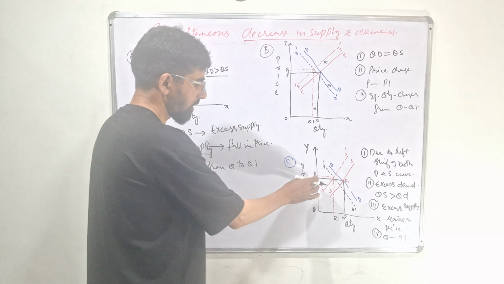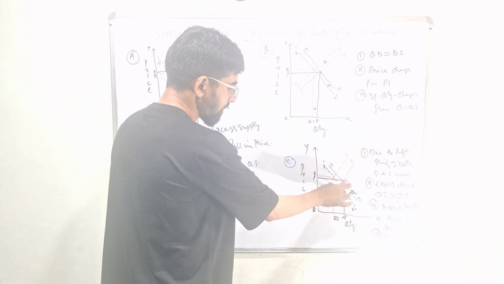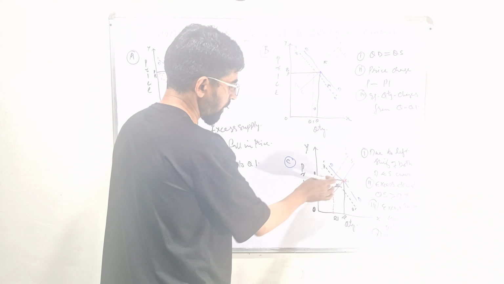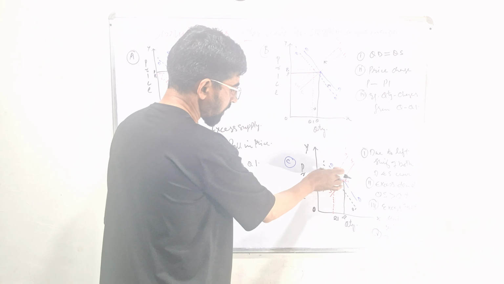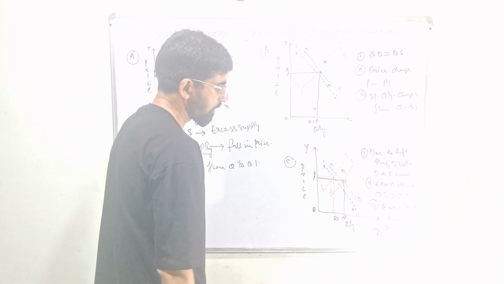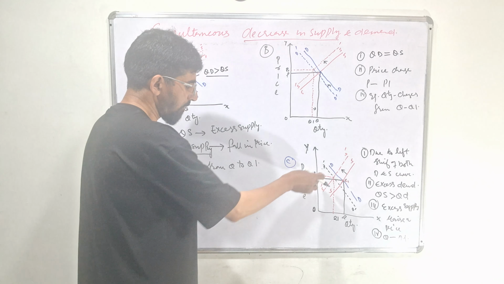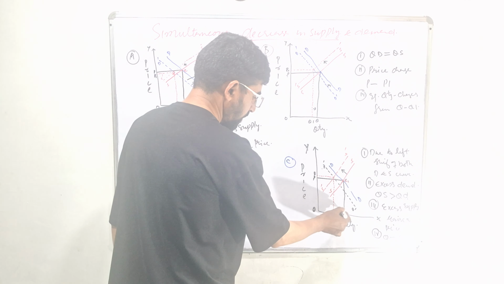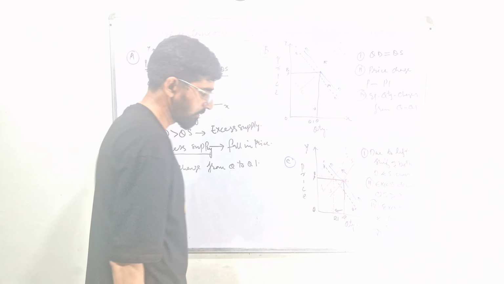In the last case, due to excess demand, price rises from P to P1. If we observe this, quantity supply is more than quantity demand, which leads to a rise in price. And when price rises, definitely quantity falls from Q to Q1.